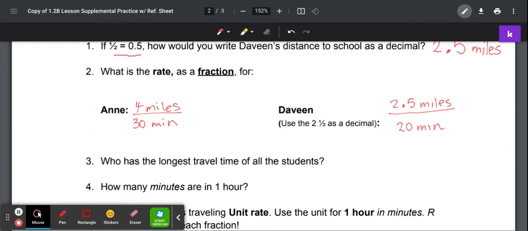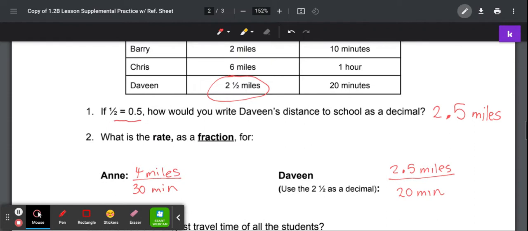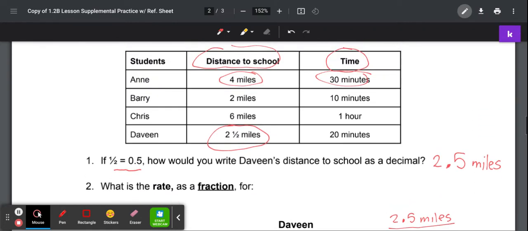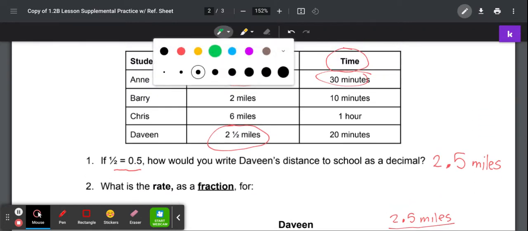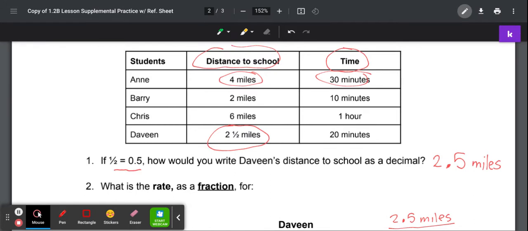Number 3 is asking you, who has the longest travel time of all students? So if we look at the table for the time, who's going to have the longest travel time? So we have Anne, who travels 30 minutes, Barry travels 10 minutes, Chris travels an hour, and Davin travels 20 minutes.